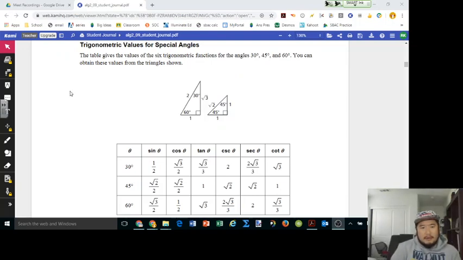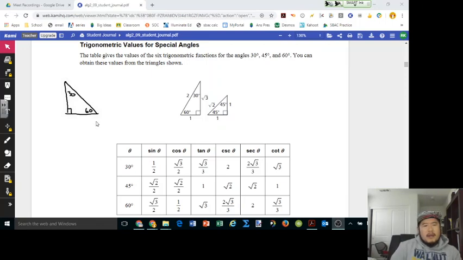let me draw a triangle right here, and we'll make this 30, 60, 90.